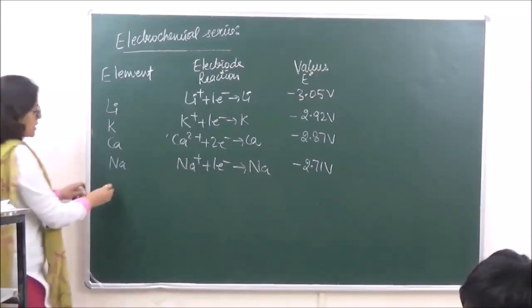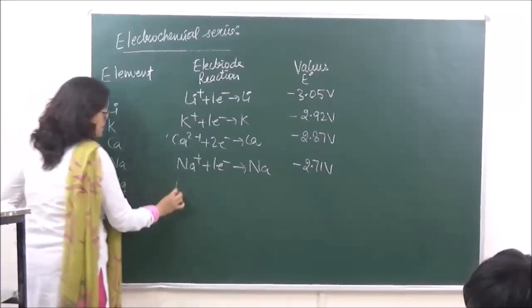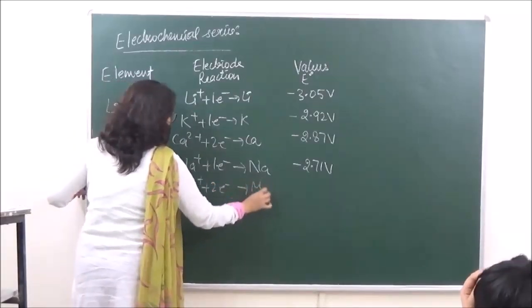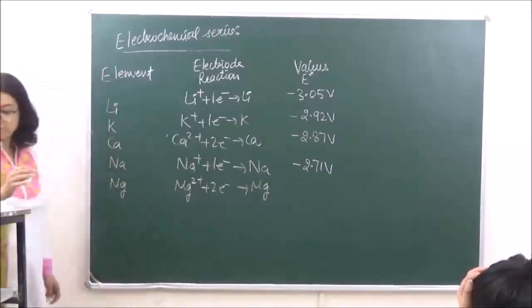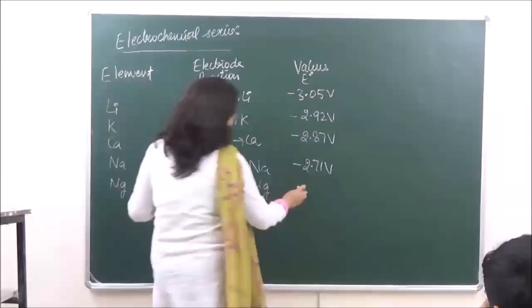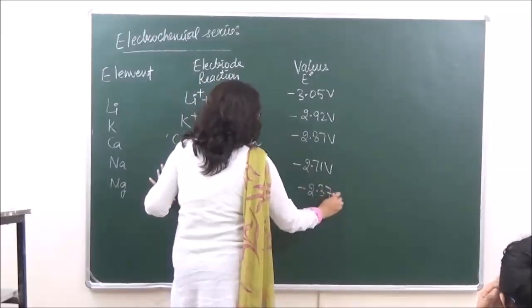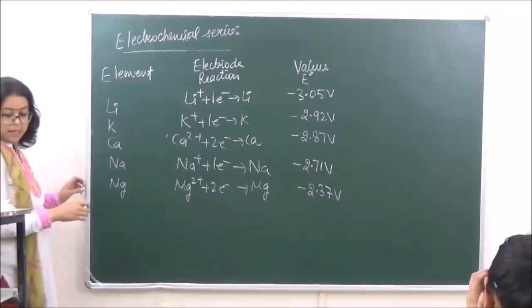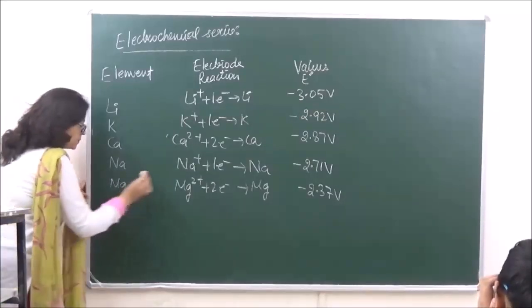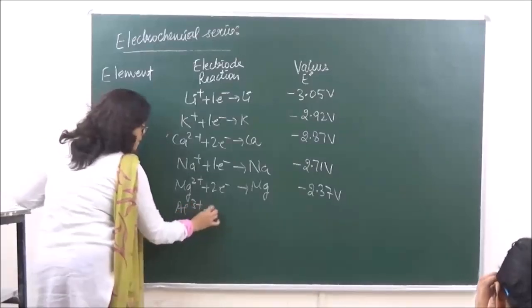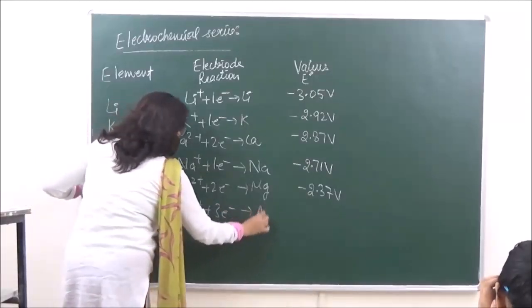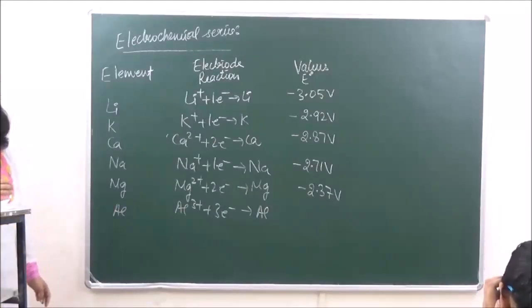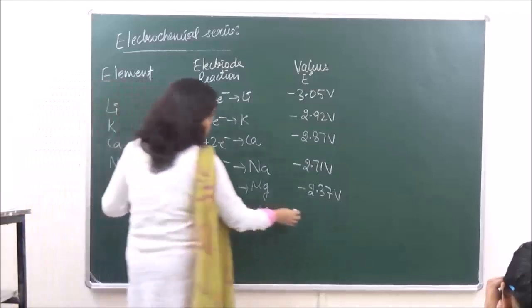After sodium is magnesium, Mg2+ plus 2 electrons to give us magnesium, and the value is minus 2.37 volt.